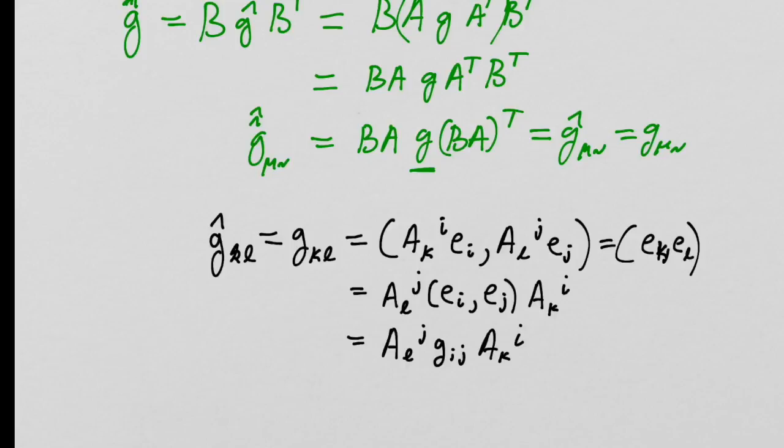That is a statement of what it means for A to be in the isometry group, and where these two things here are literally these two things here. And then we just do what we did before. We extract the LJ, we extract the KI.